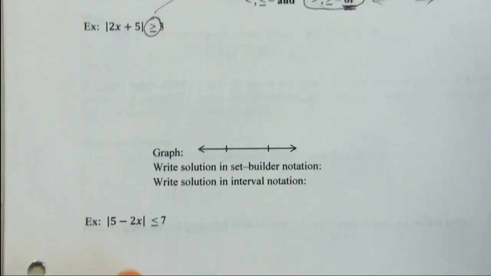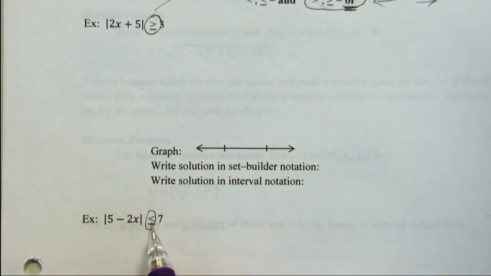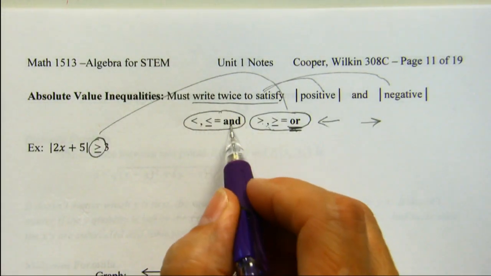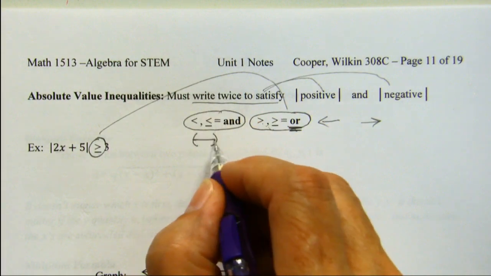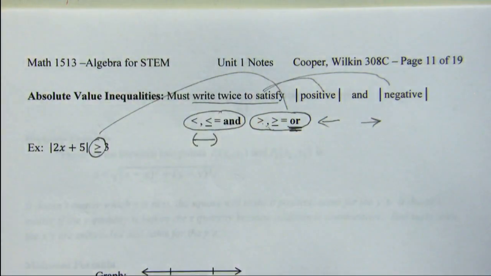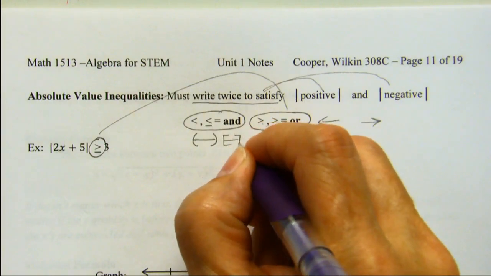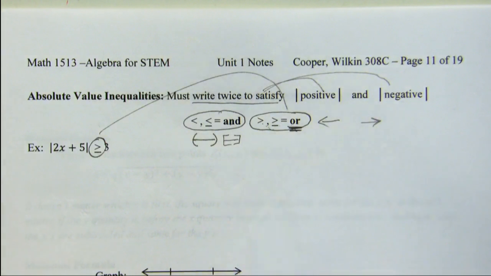The second example, the original inequality is less than equal. Less than or less than equal is an AND, most likely. Your graph will be in between your parentheses or brackets. You could have brackets here. ORs with greater than equal go separate.